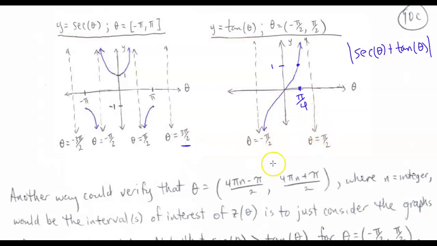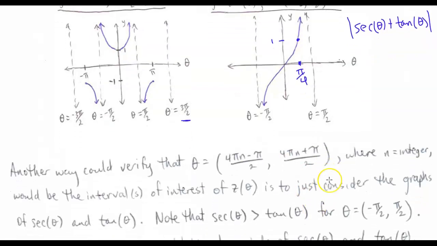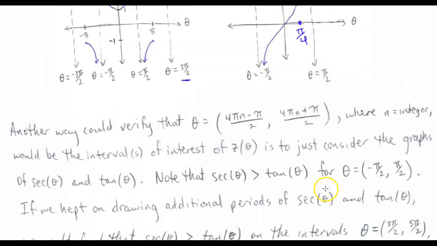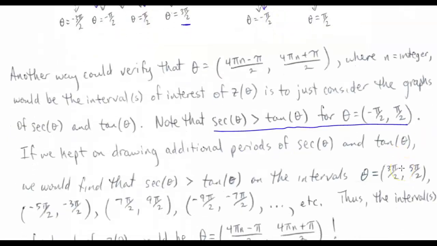Then, of course, I can skip over some more, draw some additional periods, and I see that it would be the same thing. Essentially, I'm showing you these graphs just to show that secant theta will be greater than tangent theta for this particular interval, but secant will also be greater than tangent for this interval, this interval, this interval, and this interval if we actually drew everything out.